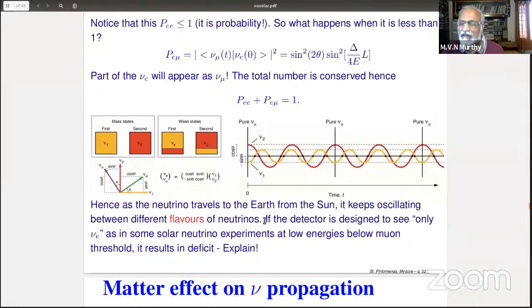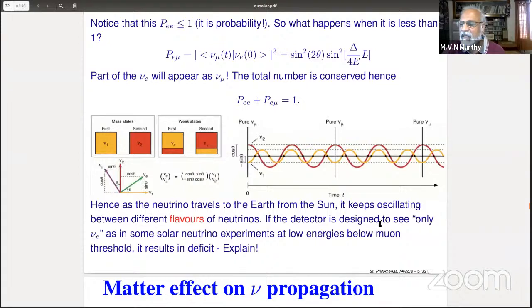And now comes the most important part. If the detector is designed to see only electron neutrinos, because we didn't know about oscillation, we knew that the sun only produces electron neutrinos, so I designed the detector only to see the electron neutrinos. Then what happens if this mechanism is correct?